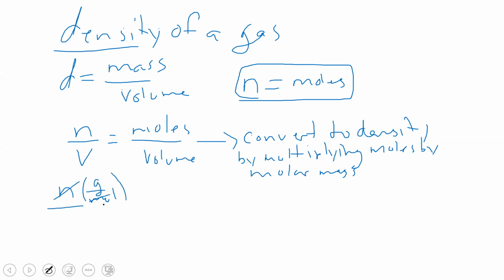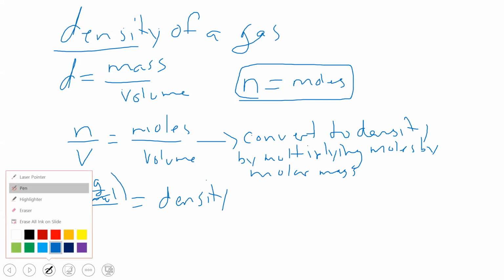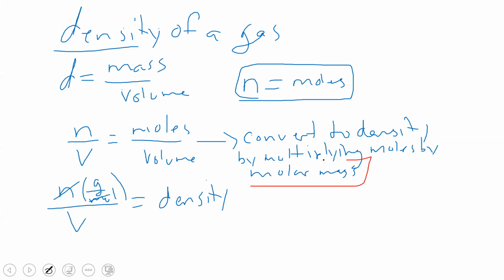The moles are going to cancel, and that's going to give me a density. So when you have an ideal gas, you can calculate the number of moles using the ideal gas law, but in order to calculate the density of a given gas, you actually need to know the molar mass of that gas. Yeah, my question?